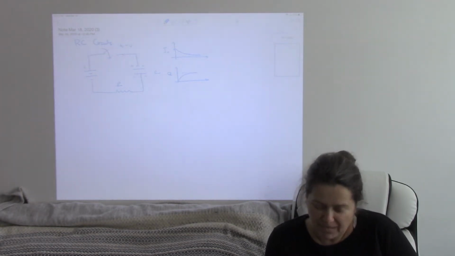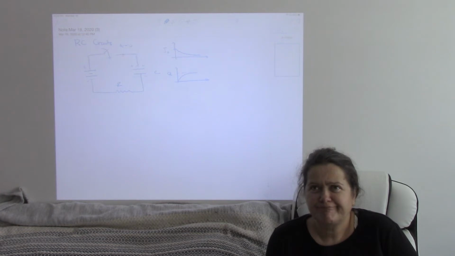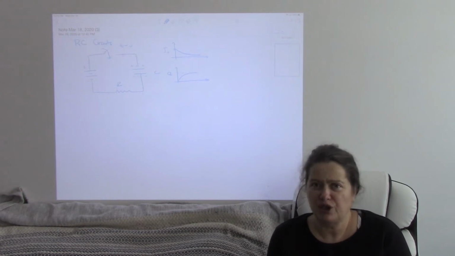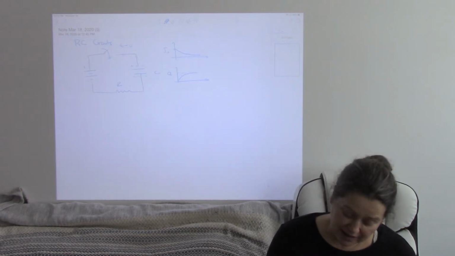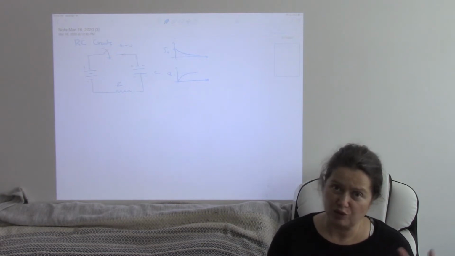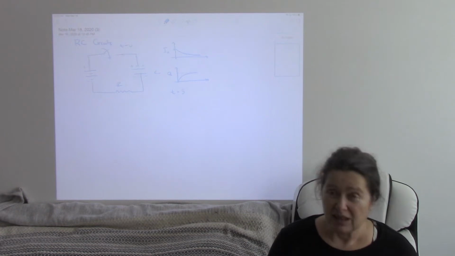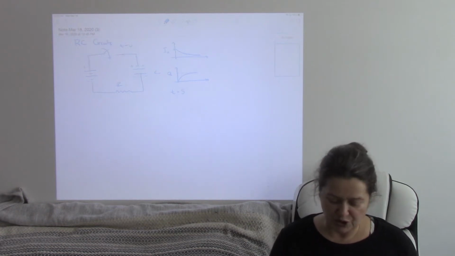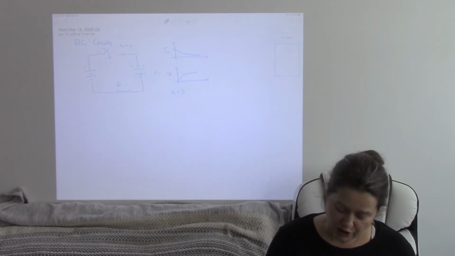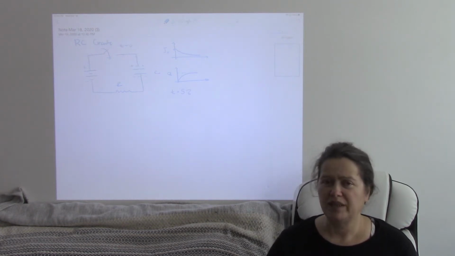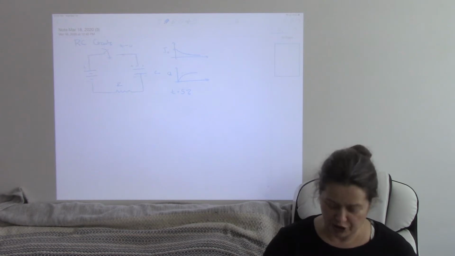Now, empirically we can say that there is a time when the capacitor is fully charged, and it seems like that time is 5 times a constant of this circuit, RC, which is called tau. 5 times tau would be the time for the capacitor to fully charge.